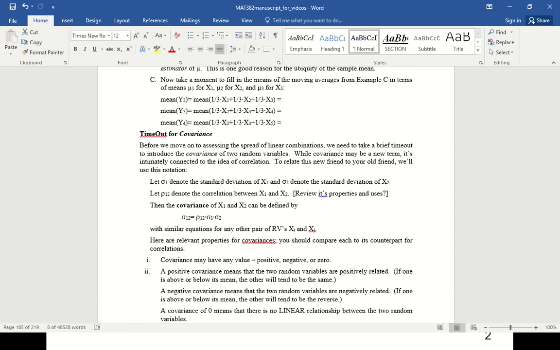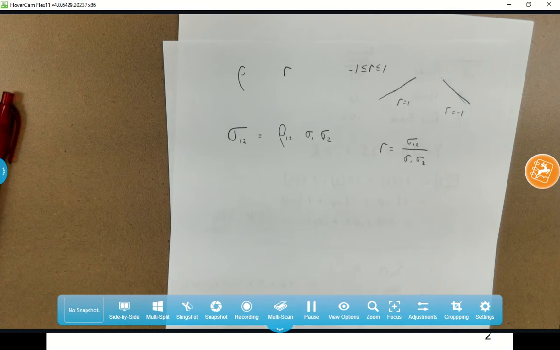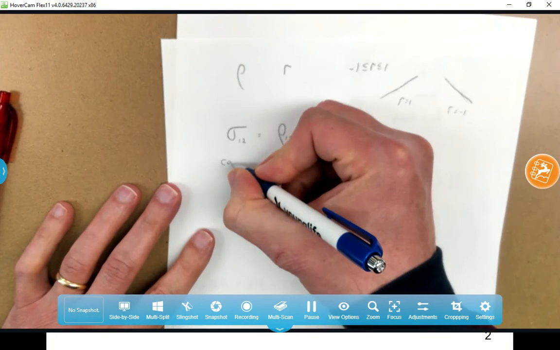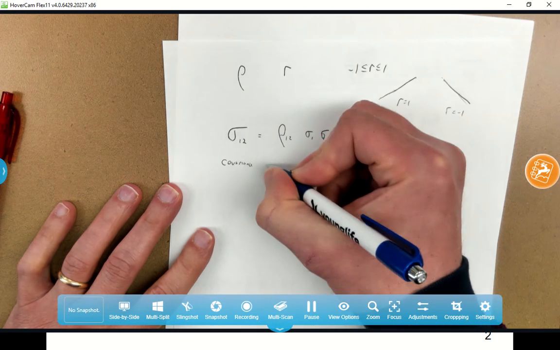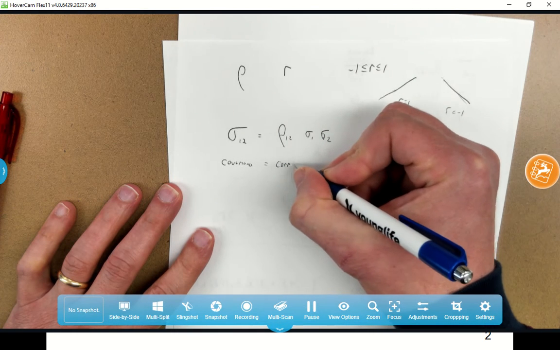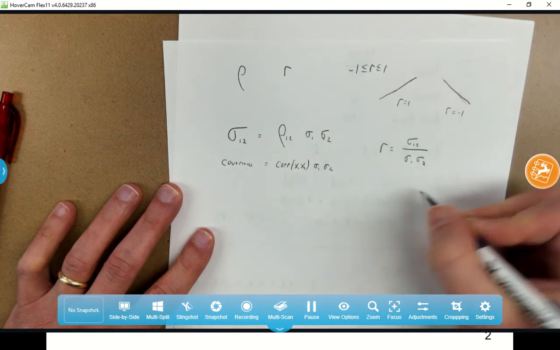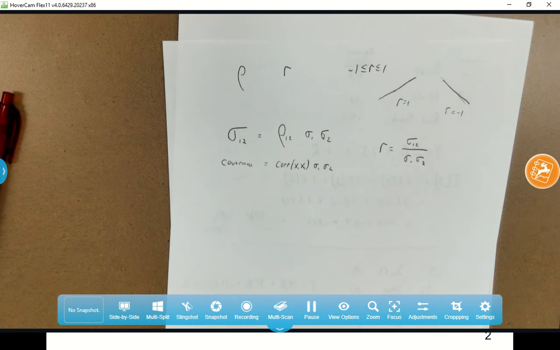I don't know if you knew that or not. Did you? That the covariance is equal to the correlation of x1, x2 times the standard deviations. Another way you could calculate what r is, going by that method.